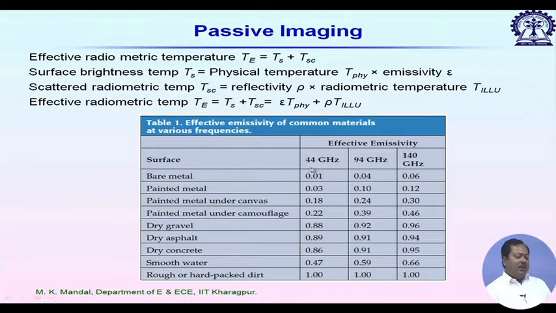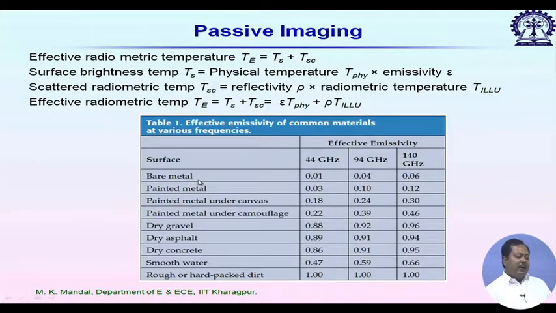If you place your antenna immediately above that material, obviously it will receive maximum power. If you go toward the horizon, the power emitted from this material will decrease. It depends on the incident angle. So we are considering the maximum case, when the antenna is receiving maximum power just above that material, in right polarization. This chart shows the variation of effective emissivity at different frequencies.